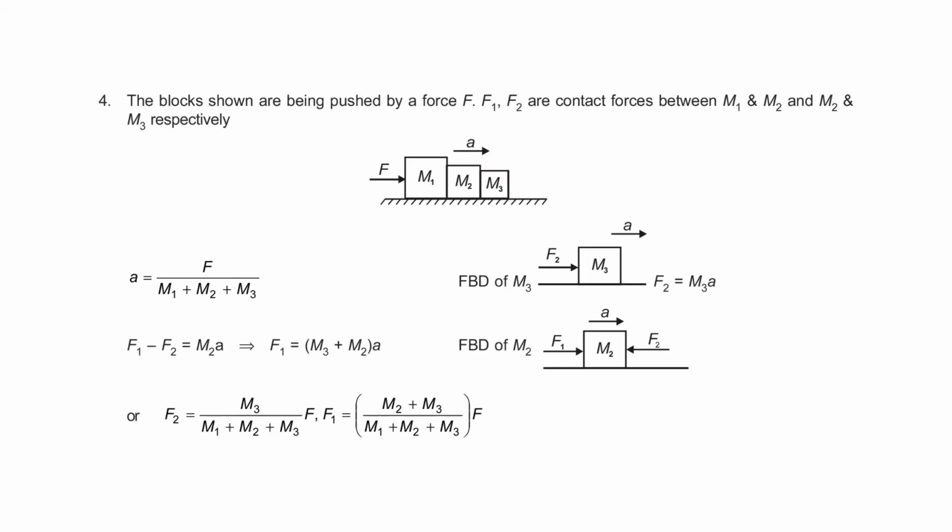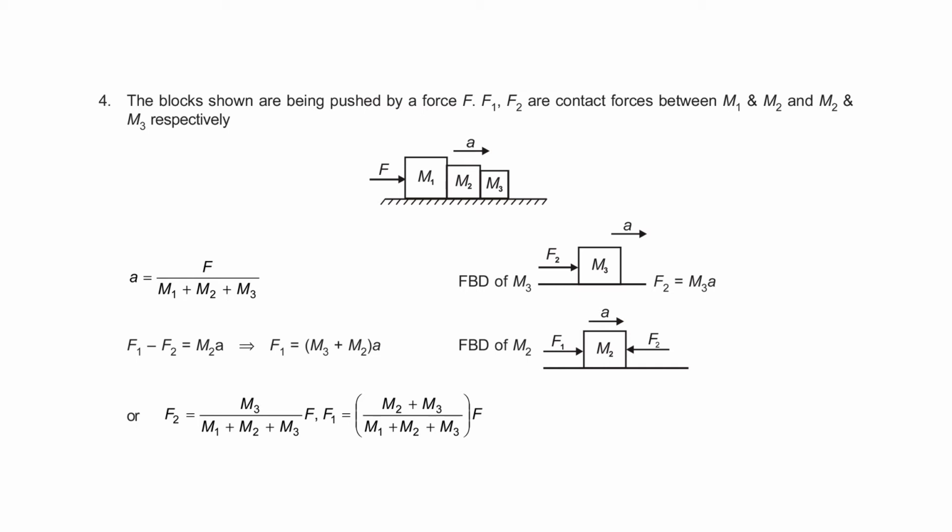Now let us move on to the fourth formula. The blocks shown are being pushed by a force F. F1, F2 are contact forces between M1 and M2, and M2 and M3 respectively. So, A is equal to F divided by (M1 plus M2 plus M3).